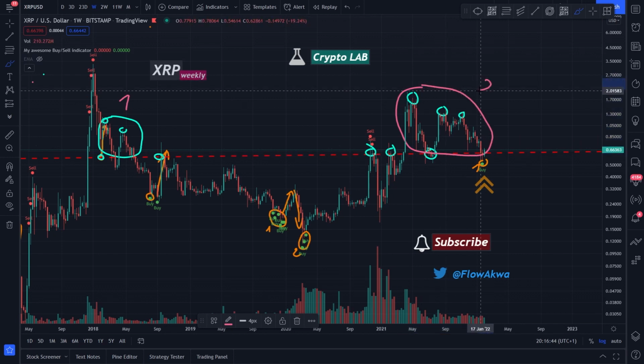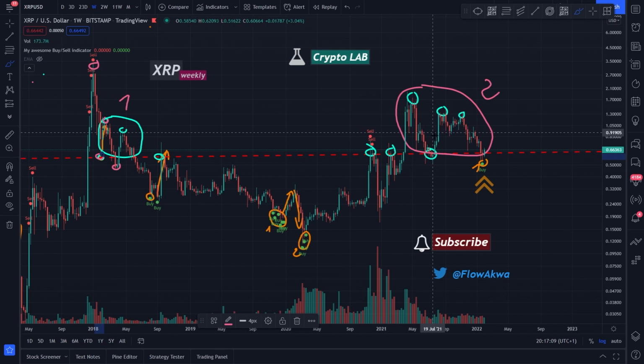Why? Simply because, as you can see, XRP went down. We have a bounce to the upside, making a lower high compared to this high, and making a lower low compared to this low.